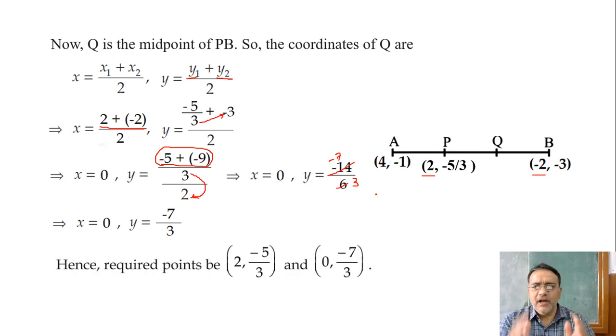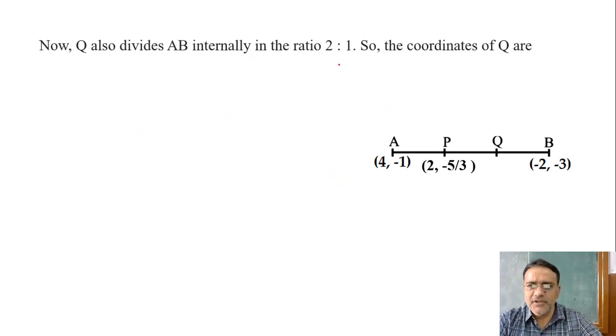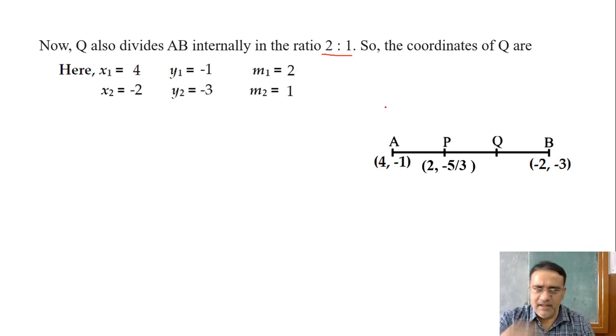Okay, so now we are going to find Q by using the ratio method. Look carefully, the ratio is 2:1. Okay, ratio is 2:1. Now again we write x1, y1, x2, y2 and m1, m2.